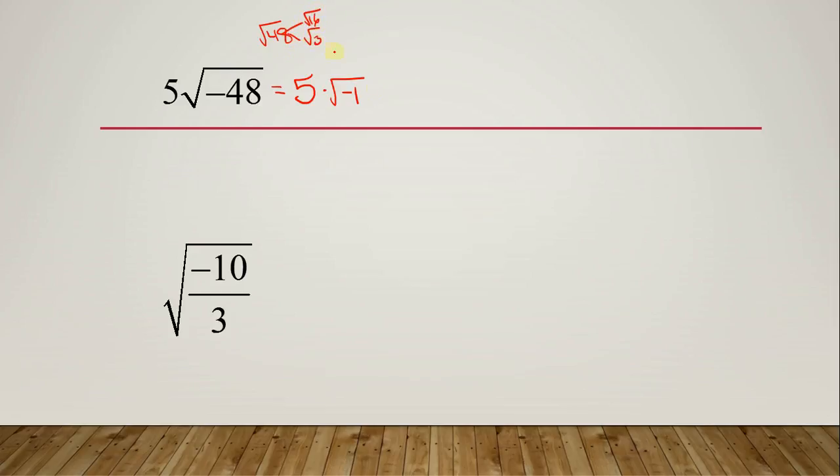That'll give us 48. So I'll have the square root of 16 times the square root of 3. So 5 times the square root of negative 1 is just i. Square root of 16 is just 4. And then I have the square root of 3 left over. So if I multiply my outside here, it looks like I got 20i square root of 3.